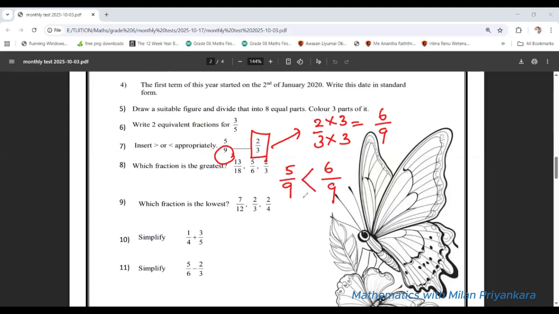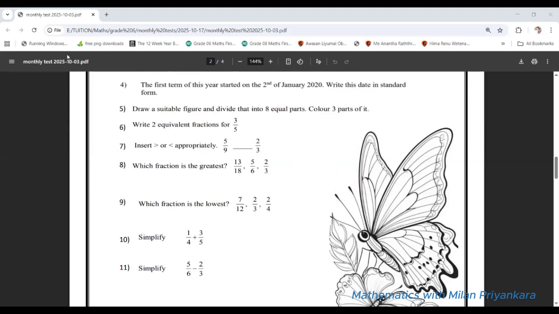If the denominators are equal, the greater fraction has the greater numerator. 6 over 9 means 2 over 3, so therefore this one is greater. Let's go to the next part.